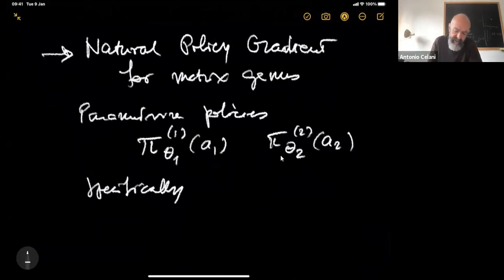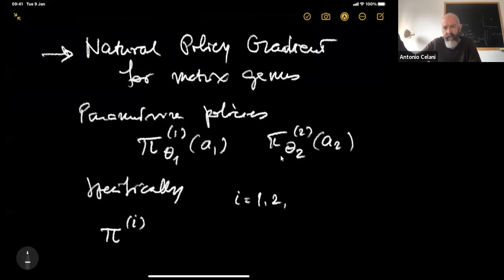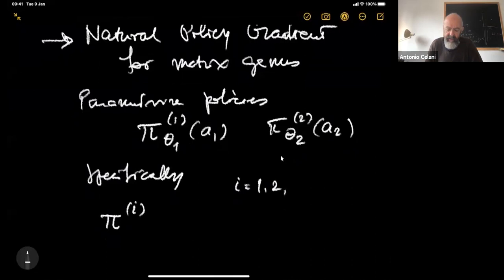We will parameterize this as follows. So the policy for agent I, where I goes from 1 to 2. So I'm not discussing situations where there could be more than 2 agents, but they exist. So you could have games in which 3 agents play simultaneously, and the payoff matrix depends on what they do. Okay, but these are not particularly common. So we limit ourselves to 2 agents which are playing the game.